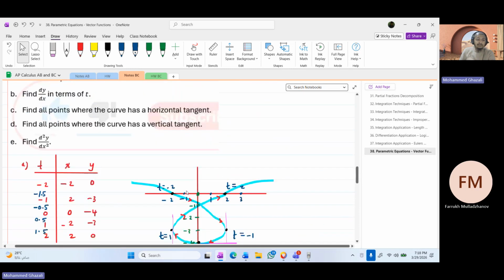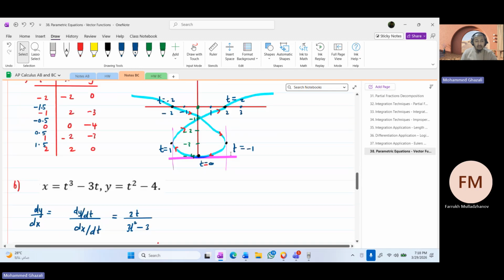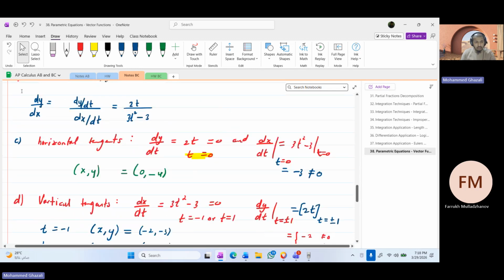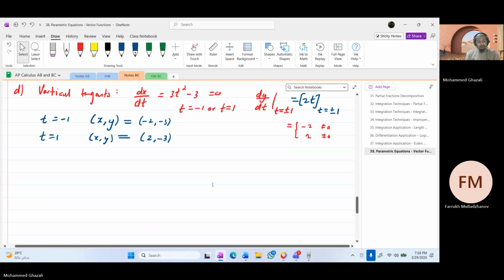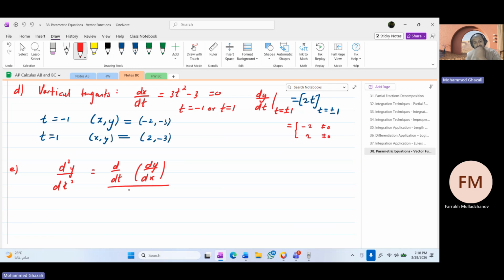Good. Now, next one, we want to find the second derivative. Now, remember, we found the first derivative. So we're going to continue the example from there. That's basically d dt of dy dx, over dx dt.